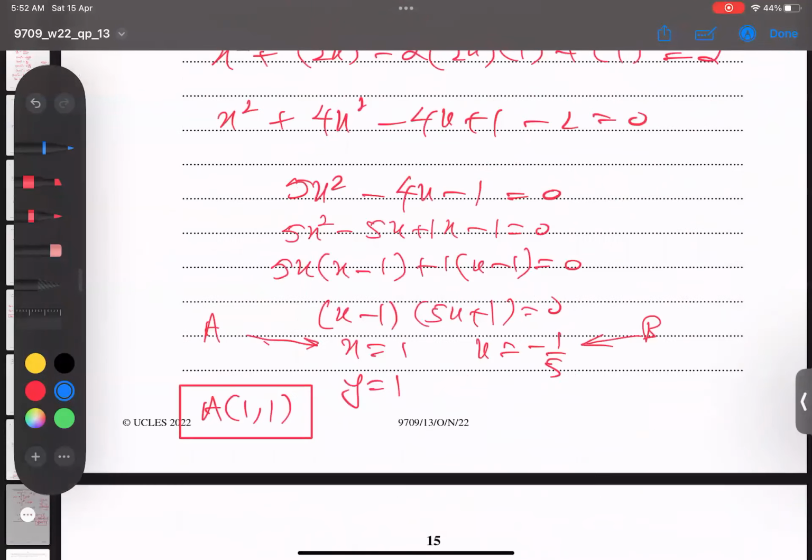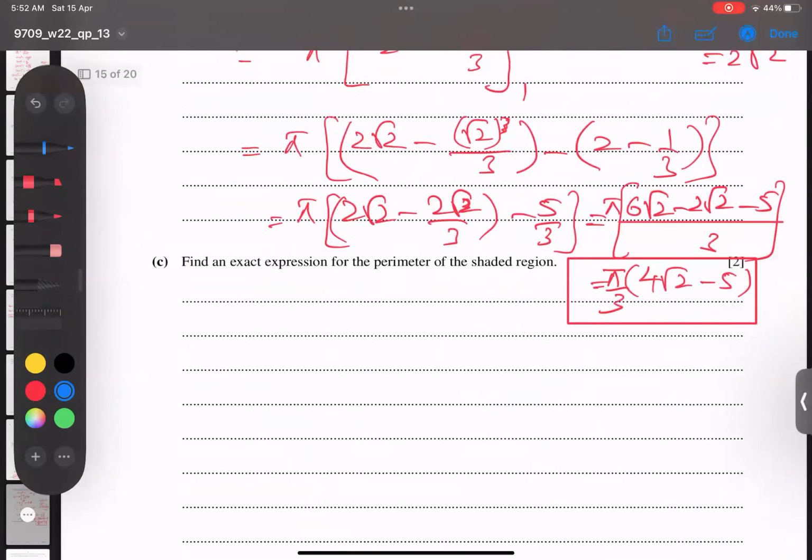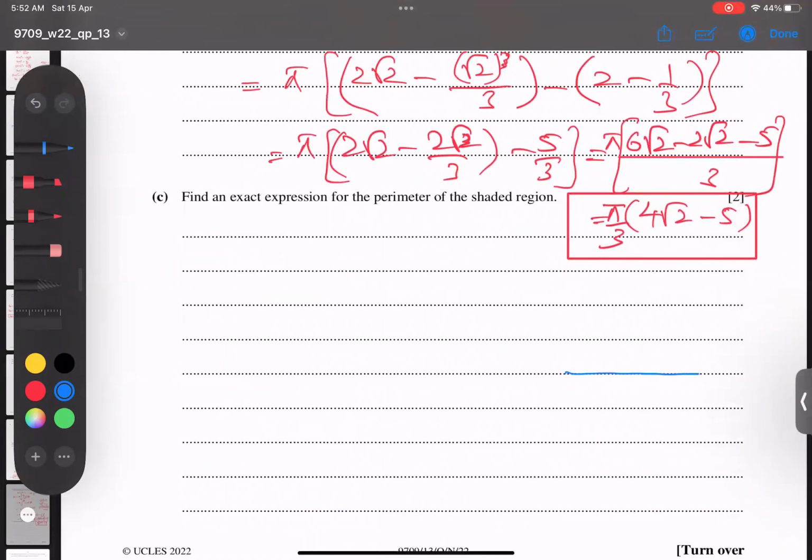So let me make a diagram here on this page. Actually, we have a sector. I believe you will understand. So this is the arc, and this is the perimeter.